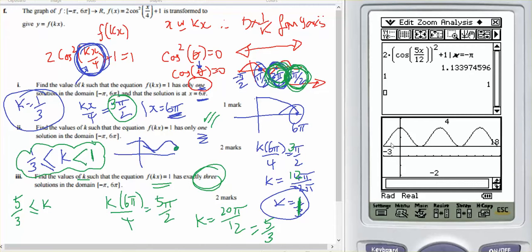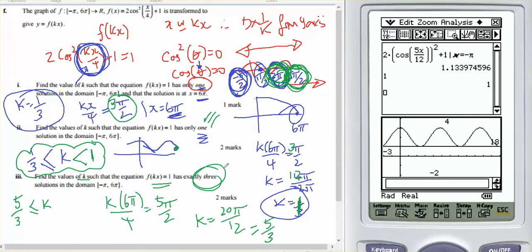So I'd like to know the value of k that means that this solution here at negative pi. Now this solution is the one that I have here. So what's the value of k so that this is a solution?